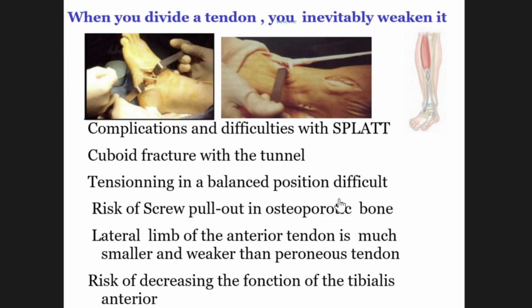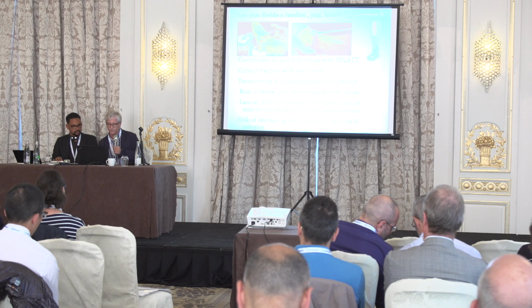And there are some negative points of this technique. In the literature, complications include cuboid fracture with the tunnel. Tensioning in a balanced position is sometimes difficult. You have a risk of screw pull-out in osteoporotic bone. And the lateral limb of the anterior tendon is much smaller and weaker than a peroneus tendon.